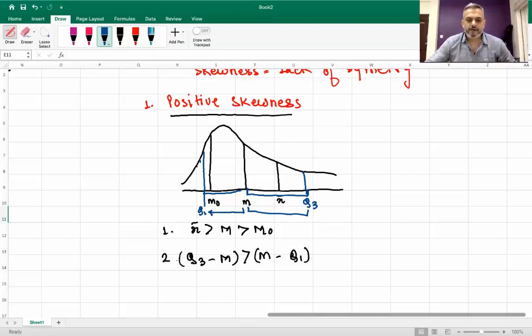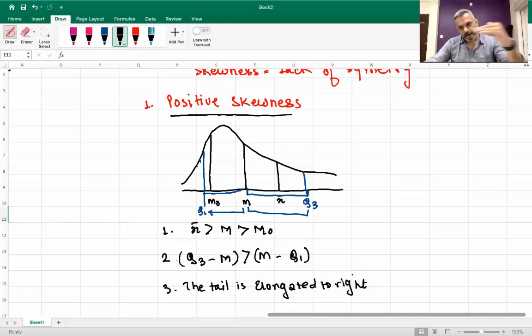This is basically positively skewed data. Write the third characteristic: the tail is elongated to the right. You can see the tail is going to the right hand side.